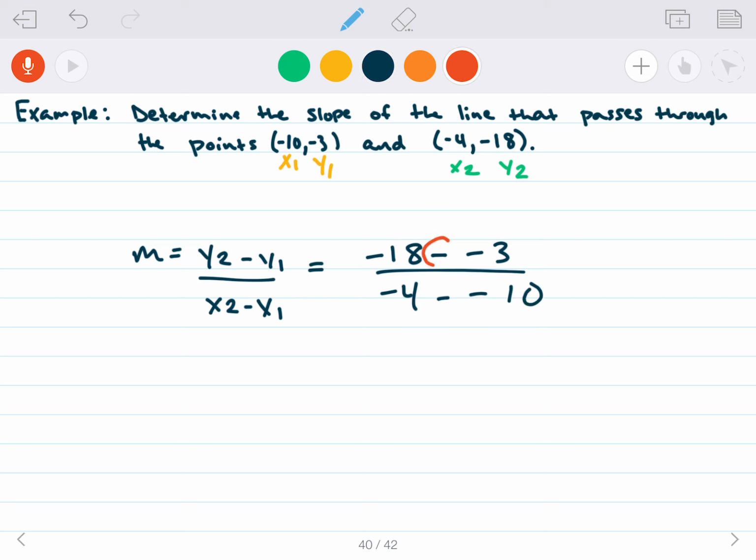So notice that we have double negatives here, which becomes a positive. So I'm just going to make that a positive. And down here we have them as well, so that becomes a positive. And if I want to, I can rewrite this as negative 18, positive 3. Actually, I'll do that in red so you guys can make the connection.